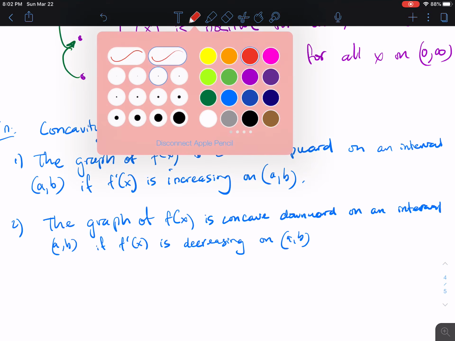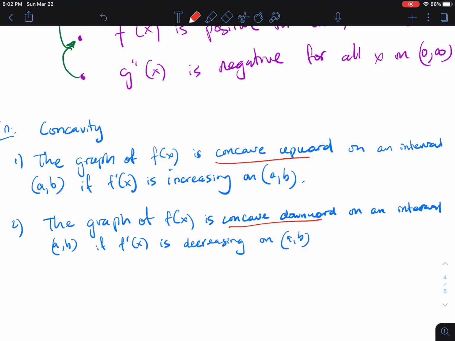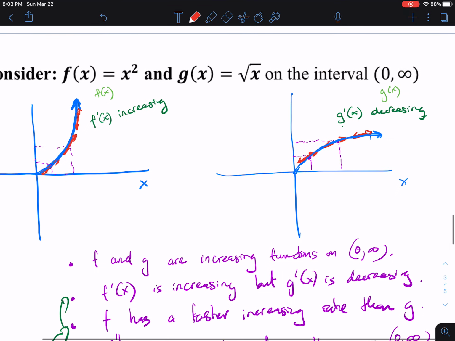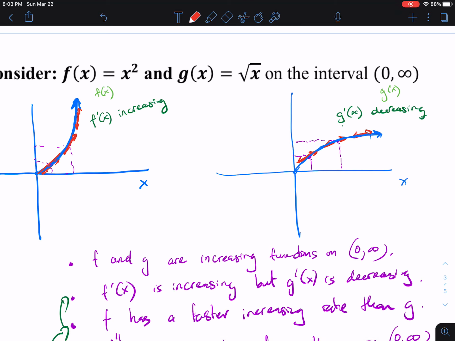So let's highlight that, concave downward versus concave upward. If it's concave upward, that means the first derivative is increasing. If it's concave downward, that means the first derivative is decreasing. And you can see that up here, right? The first derivative is increasing, so the graph is concave upward. And the first derivative is decreasing, so the graph is concave downward.